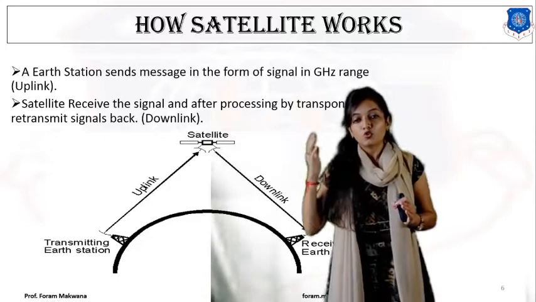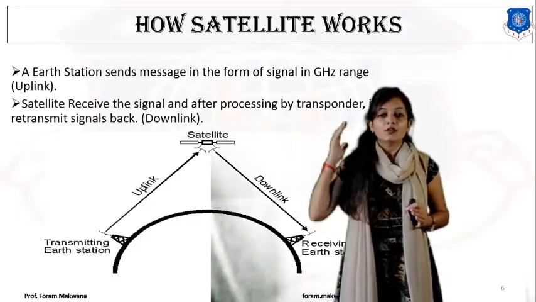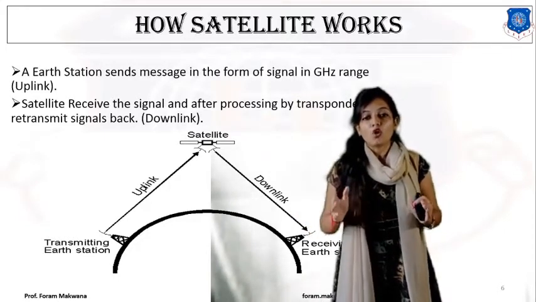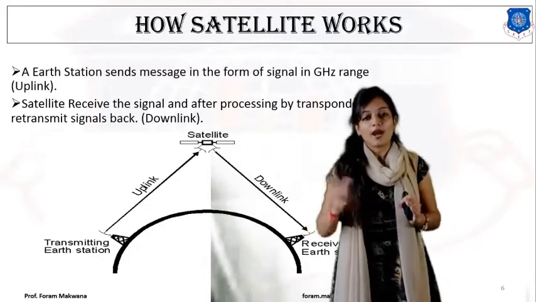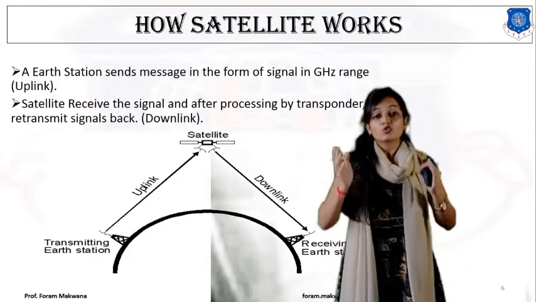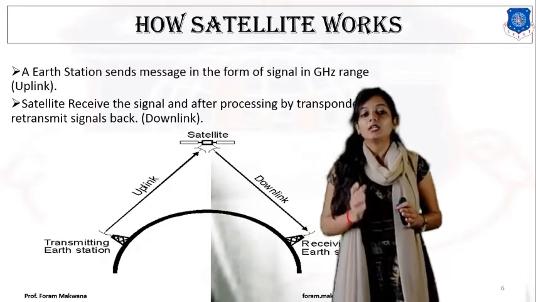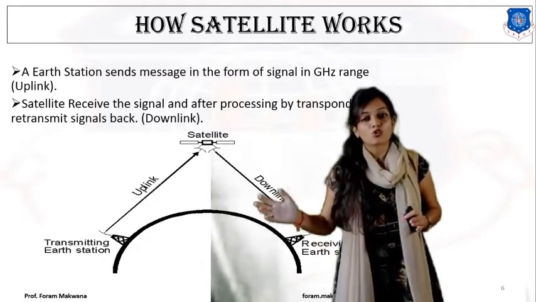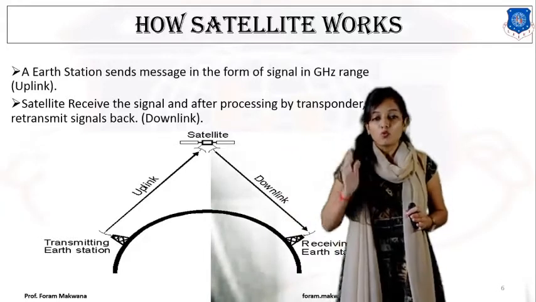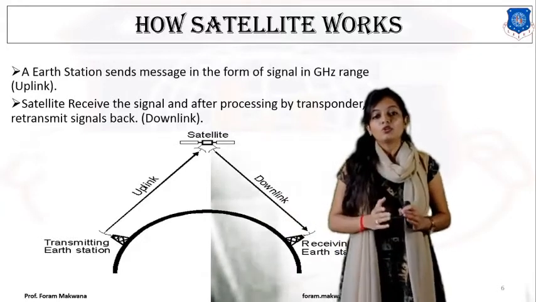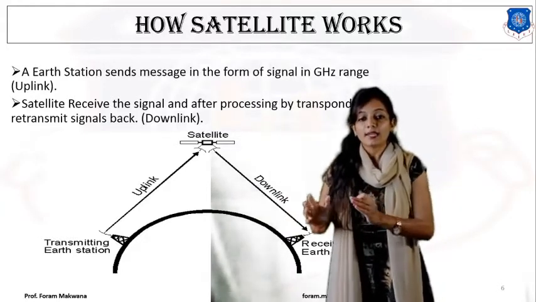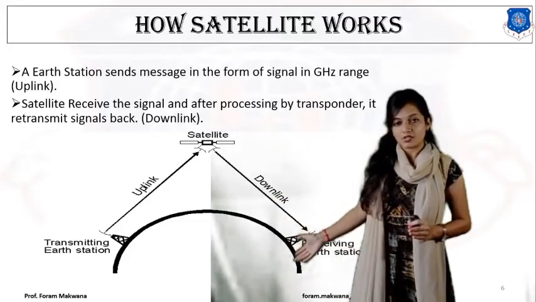And if we want to transmit high power, we need to use an amplifier of high gain. Alright. So it will make my circuit bulkier, and it will also increase the cost of my system. So what we can do is implement that high gain amplifier at the Earth station.